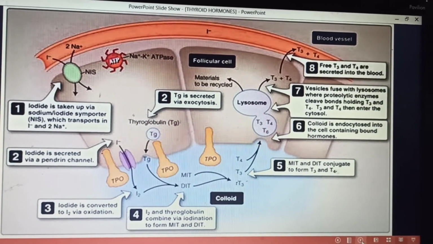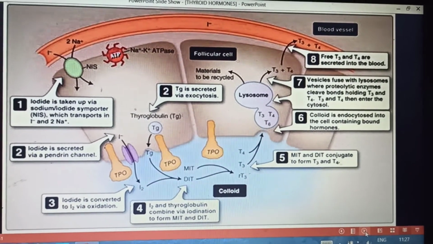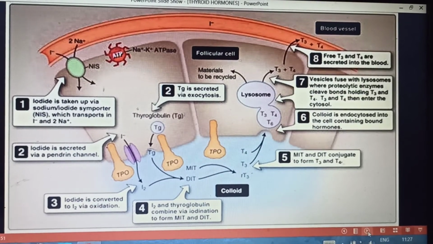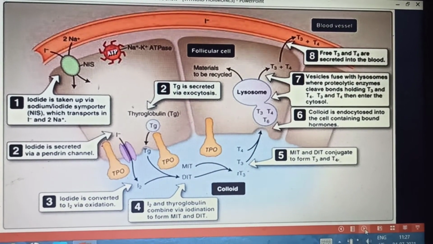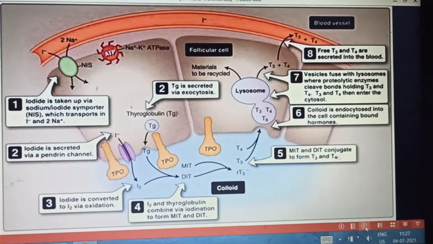Here you can see in the second step that thyroglobulin is synthesized and secreted via exocytosis into the colloid. So all these steps take place in the colloid of the follicular lumen.